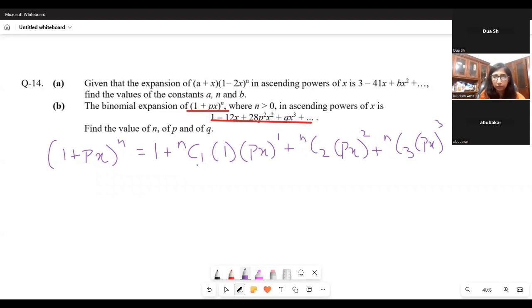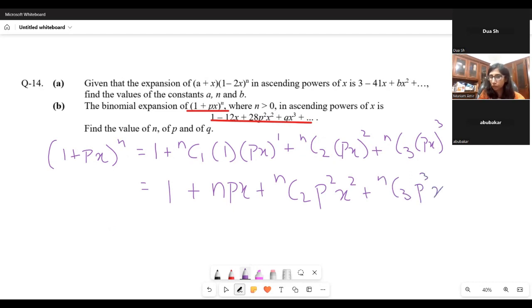So that is giving me 1 plus nc1, which is n times p times x, is npx, plus nc2 p square x square plus nc3 p cube x cube.